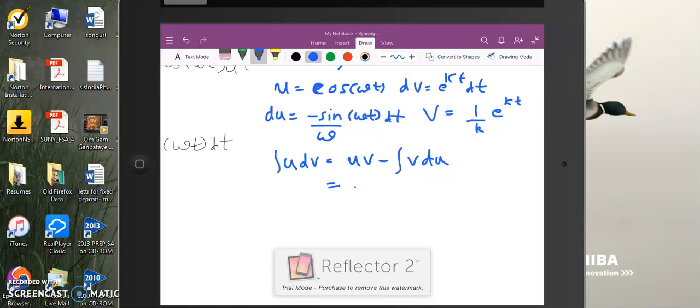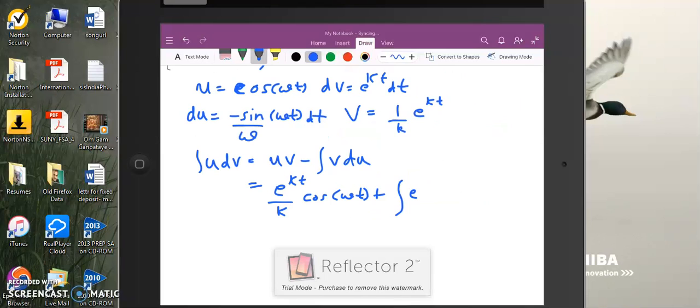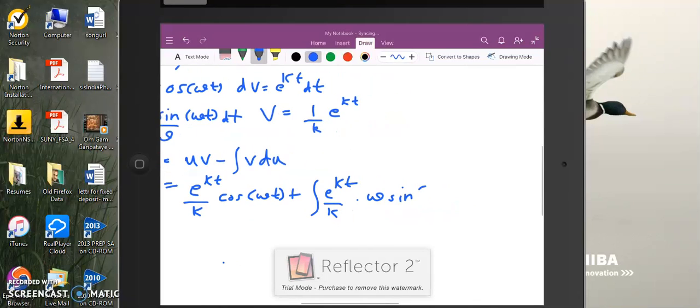We have e to the kt over k cosine of omega t plus integral e to the kt over k times omega sine of omega t dt.